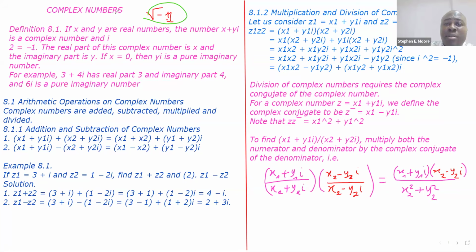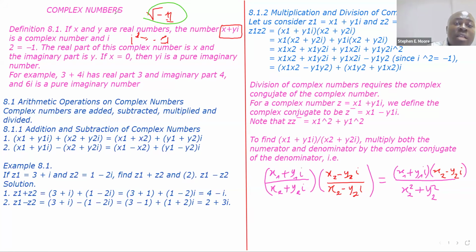A complex number we define as follows: if we have x and y, which are real numbers, and we write a number x plus iy, we say that it is a complex number, and i squared is equal to -1.